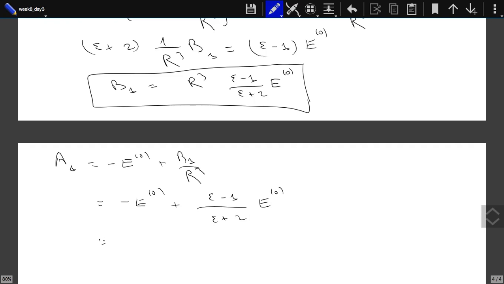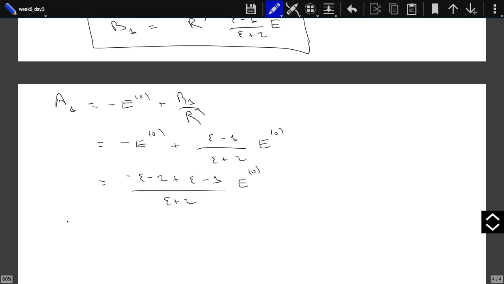So this is minus epsilon plus 2 plus epsilon minus 1 divided by epsilon plus 2 times E0. Or A1 is equal to minus 3 over epsilon plus 2 E0.